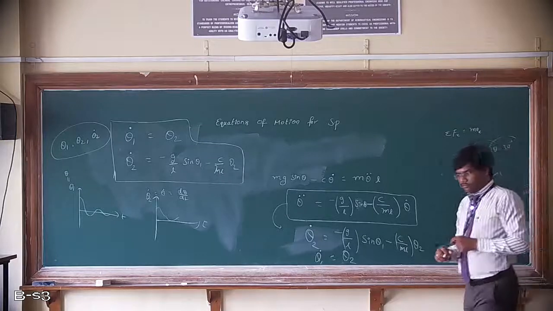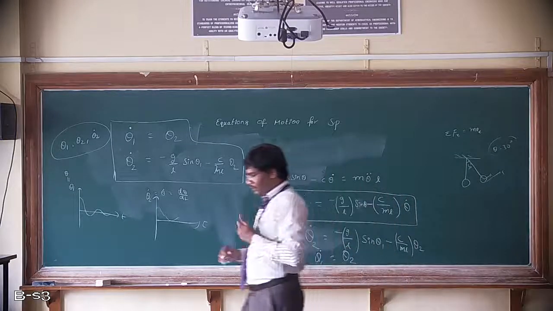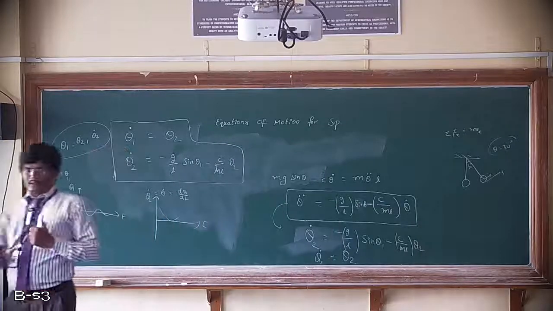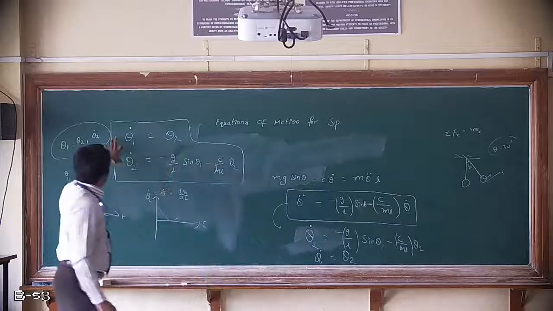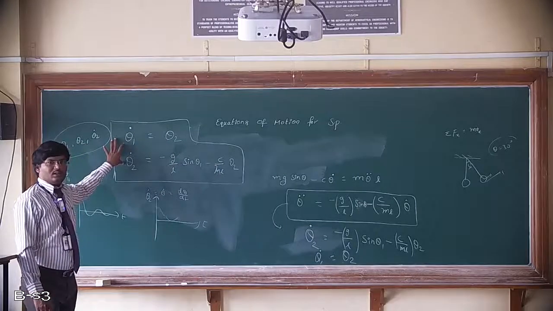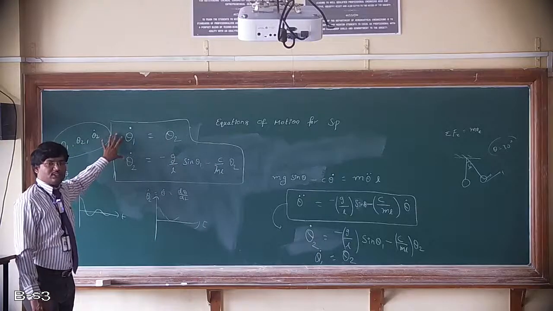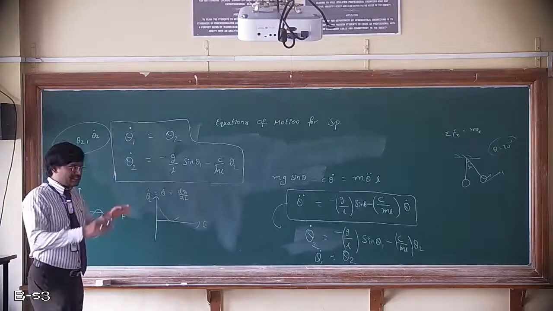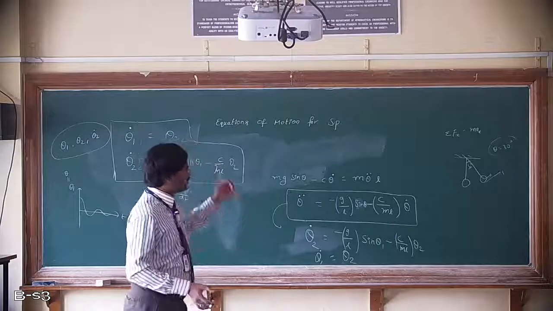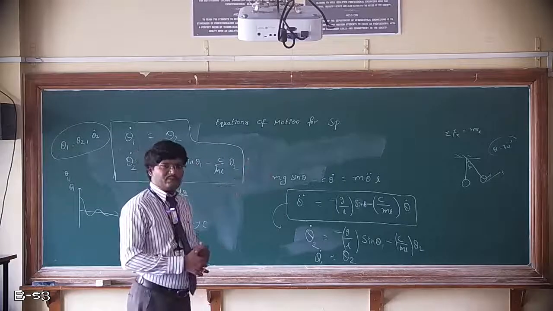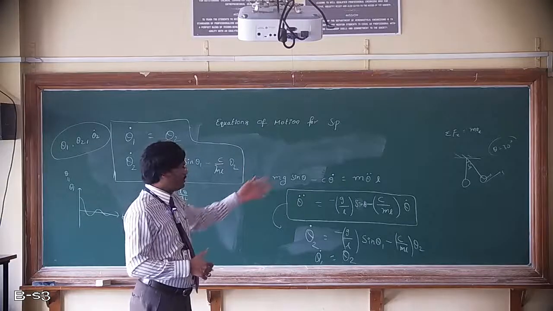So if you want the exact position, you need more parameters. I mean you need more variables. These are called state variables. These state variables will give the exact location or exact position of the system.